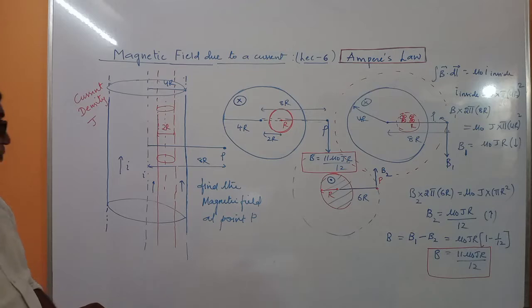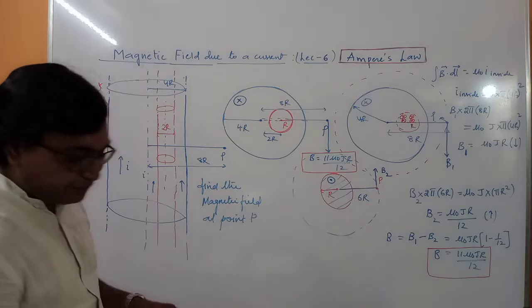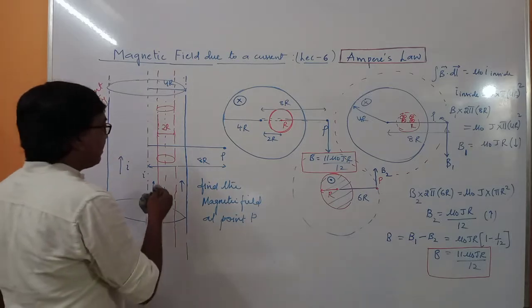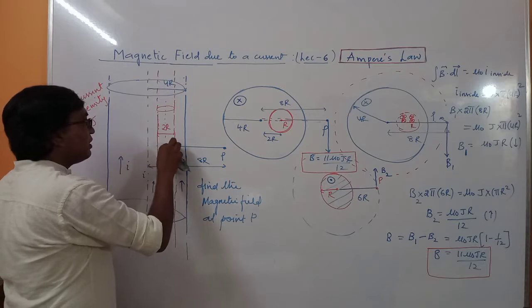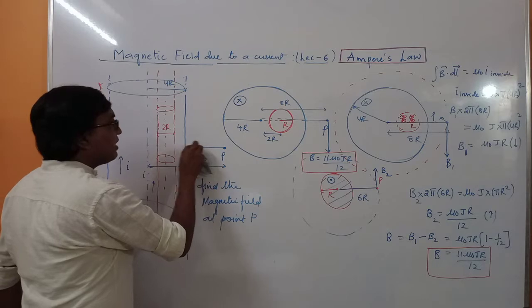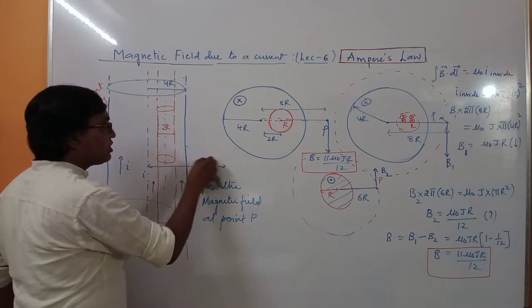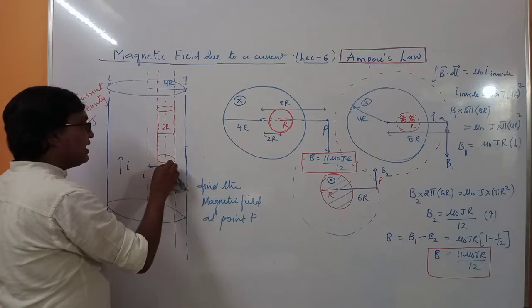Okay, yes. Now similarly, we will find out the magnetic field at another point. Same distribution, but instead of point P, which is outside, we will consider a point which is inside the cylinder and outside the cavity.